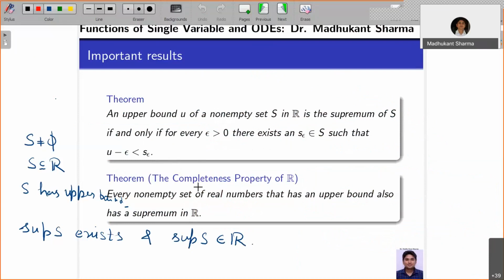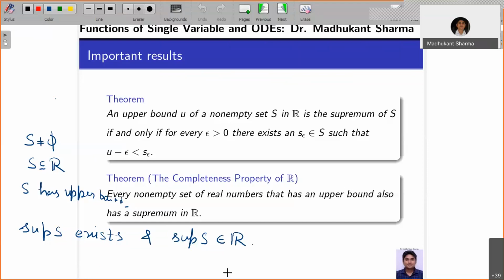Okay, the name itself, complete, means R is complete, but R is complete with respect to some other thing as well. When we say a set is a space, you will slowly learn, maybe in the next semester course or in linear algebra or other courses, why we say R is complete.